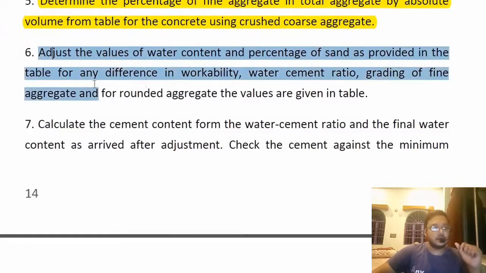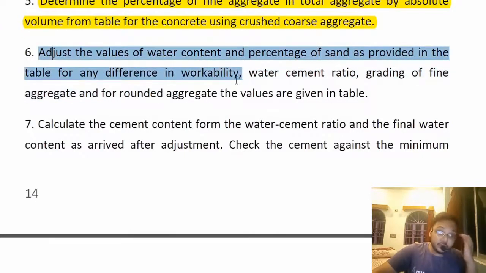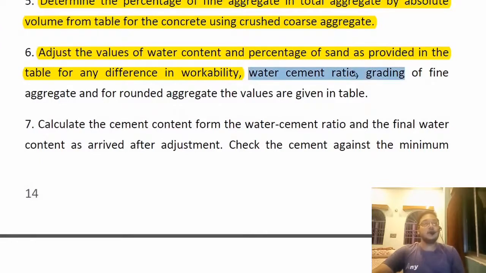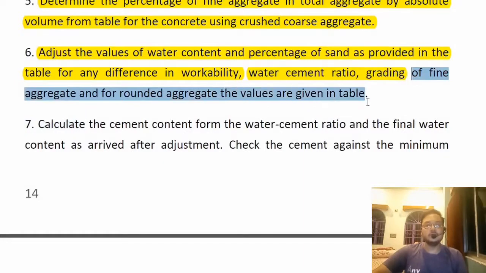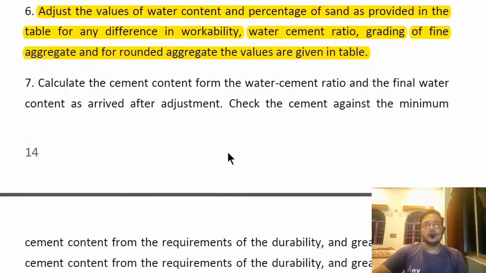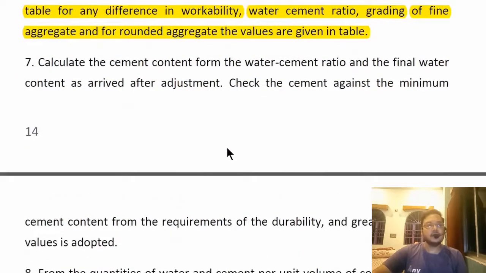Next is to adjust the values of water content and percentage of sand provided in the table for any difference in workability, water cement ratio, or the grading of the fine aggregate, and for rounded aggregate, from the values given in the table.